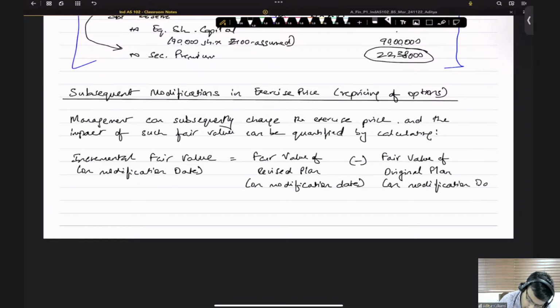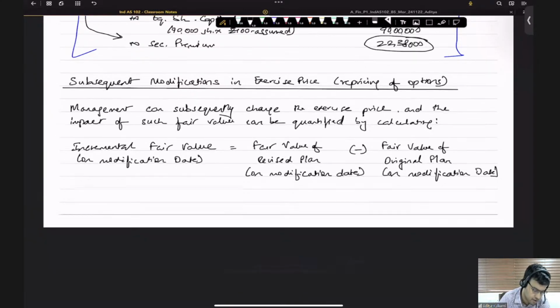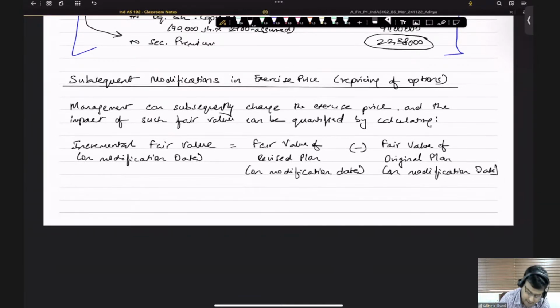Sir, you had told us not to modify the fair value which we had taken on the grant date because it is own equity and own equity is never remeasured. Agreed. So the original plan remains as it is. The modification is treated as a new plan for which we are taking the incremental fair value.